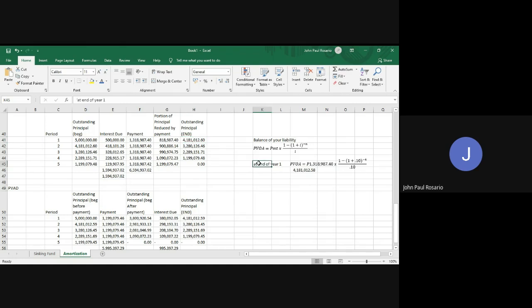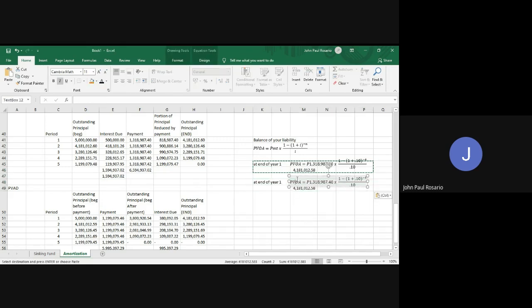So if the question is at the end of year 4, you just have to repeat the process. And the thing is that for your PVOA, only compute for the remaining unpaid period, which is, for year 4, just one period left.